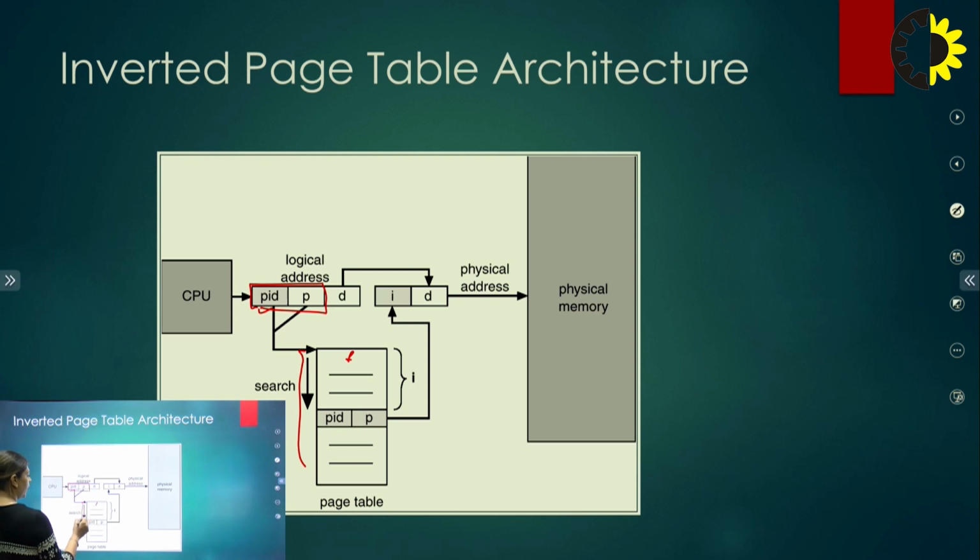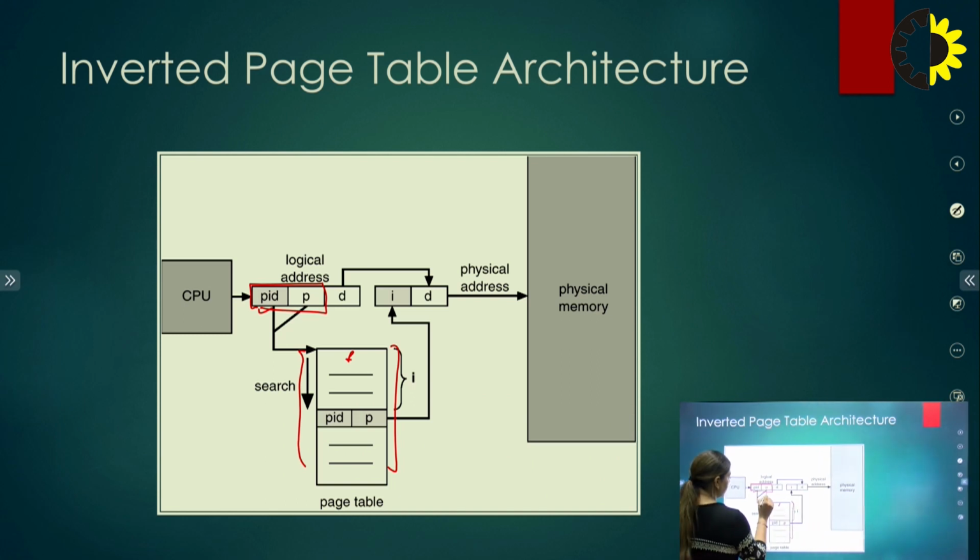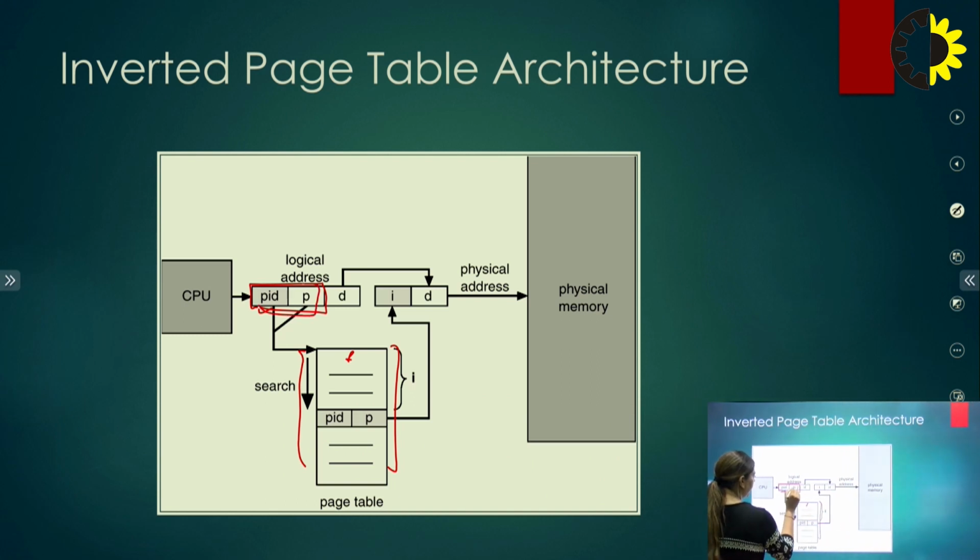But now we will write i here, meaning the physical memory frame number, and the PID and P combination will be written inside the table. Now we have to search for this combination in the page table. Wherever we get this combination, we will pick that number, combine it with D and get the physical address. This is called the inverted page table, right?